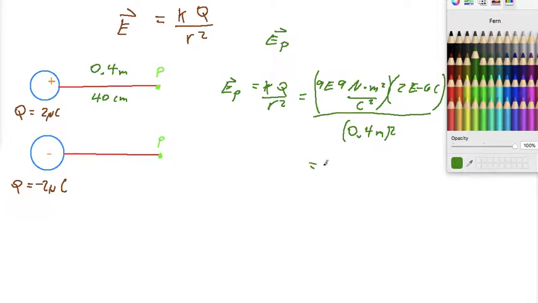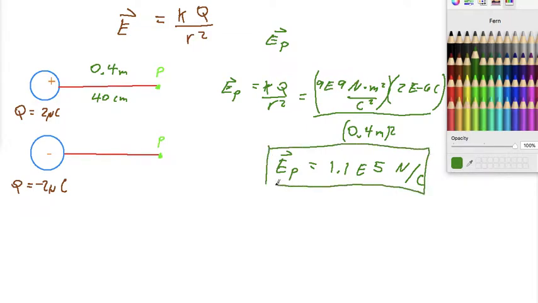Now, pause the video, plug in the numbers, and you should get 1.1 e to the 5 newtons per coulomb. All right? So now this is your electric field at point P. Now, is it away or towards the charge?